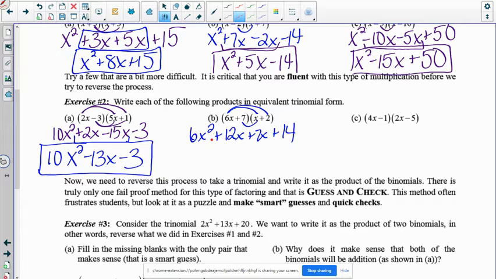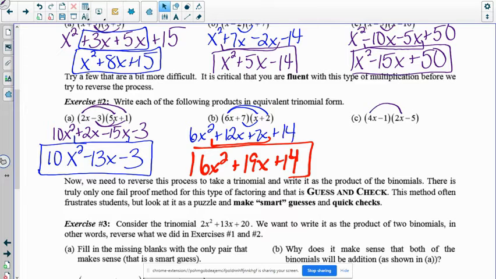Hopefully this is a lot of review, both from earlier in this chapter and from earlier this year. Oh, hold on. That's not a 19, it's a 14. It looked a little bit like a 19, but I fixed it. All right, and the last one, again, hopefully this is just a lot of review for you.